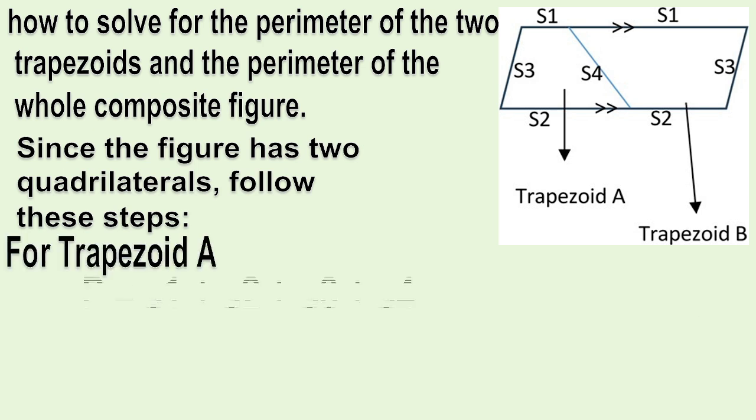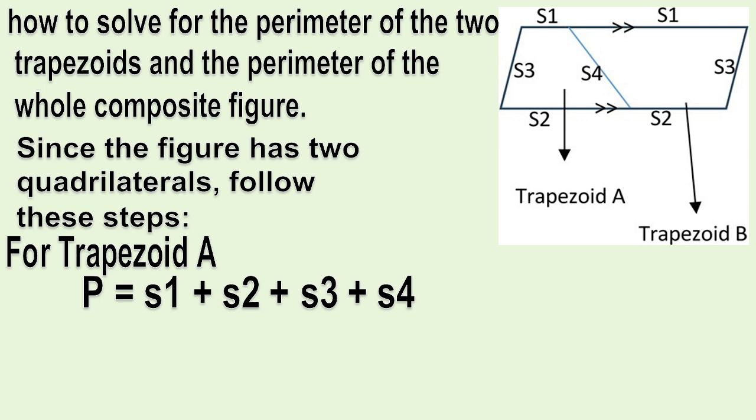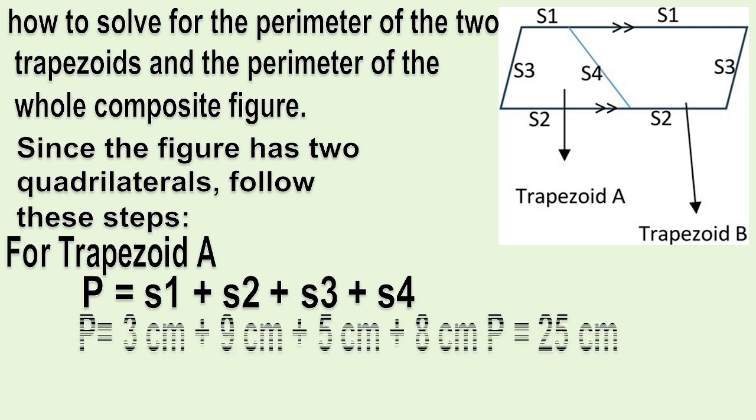For trapezoid A, perimeter equals side 1 plus side 2 plus side 3 plus side 4. So perimeter equals 3 centimeters plus 9 centimeters plus 5 centimeters plus 8 centimeters. So 3 plus 9 plus 5 plus 8 equals 25. So perimeter equals 25 centimeters.